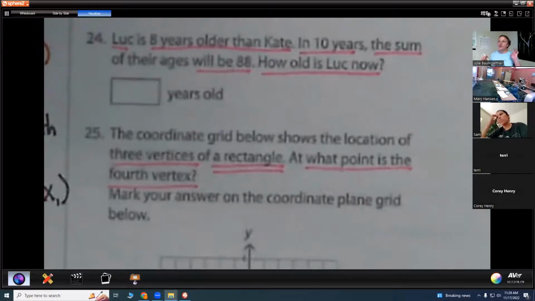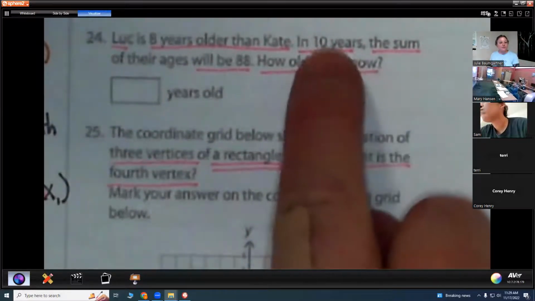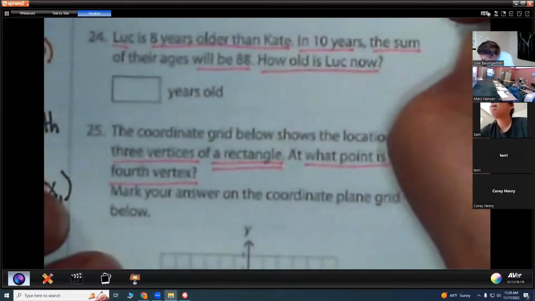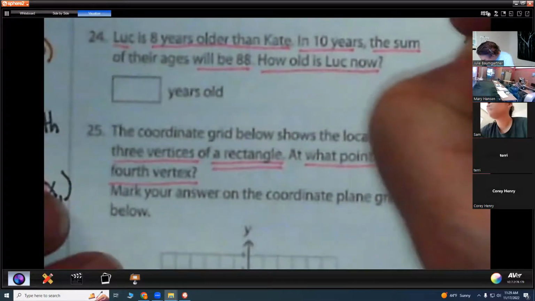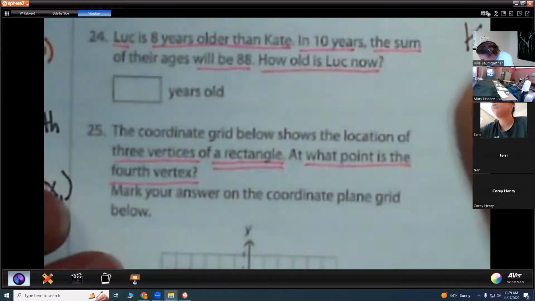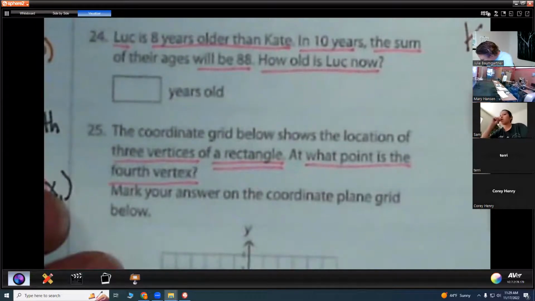Okay, so we have two different pieces of information, right? They're asking how old is he now? So if we represent Kate's current age, that's where we start.